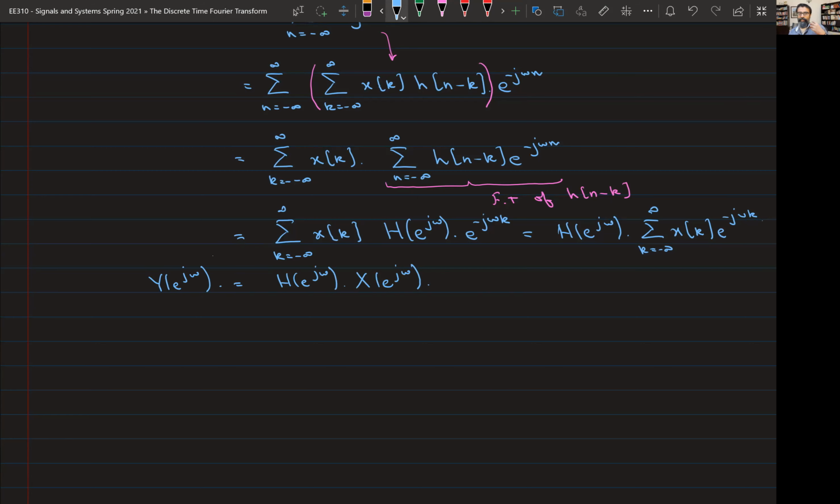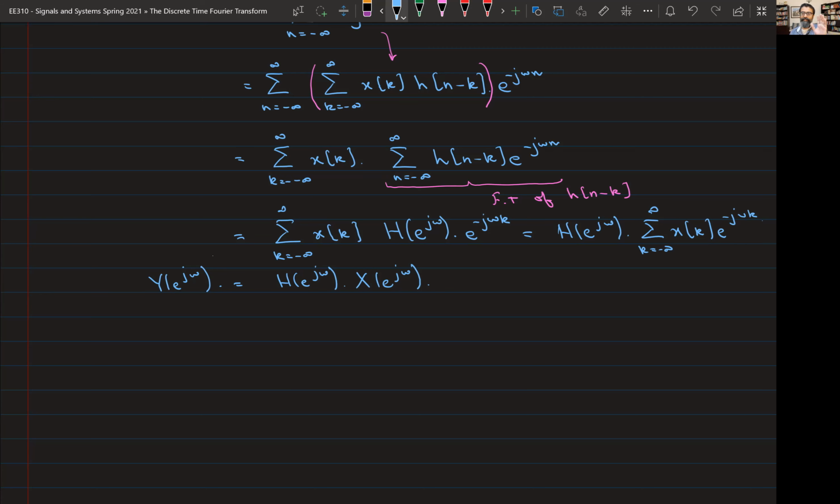So what we concluded is that convolution in the time domain is equivalent to multiplication in the frequency domain. And why is it important? What are the implications? The implications, once again, are in frequency selective filtering applications, and that's why often you would see people use filters to represent LTI systems.